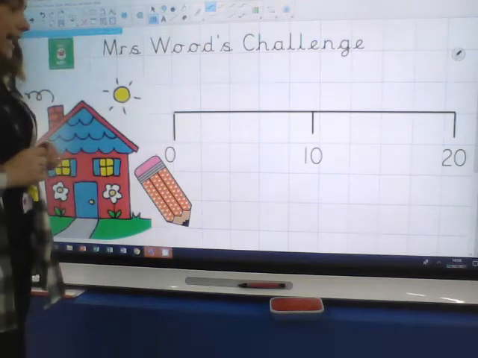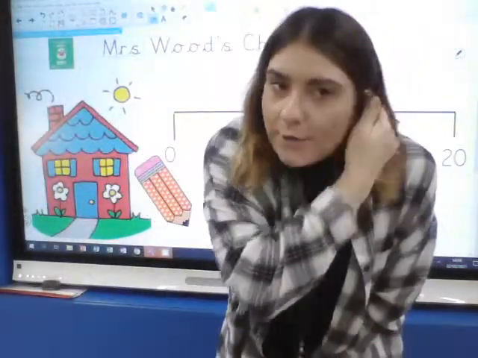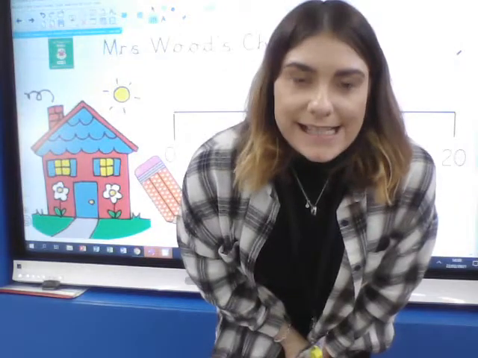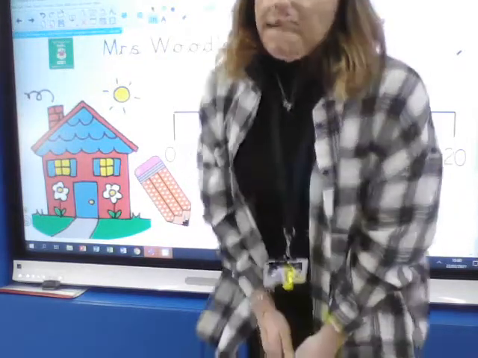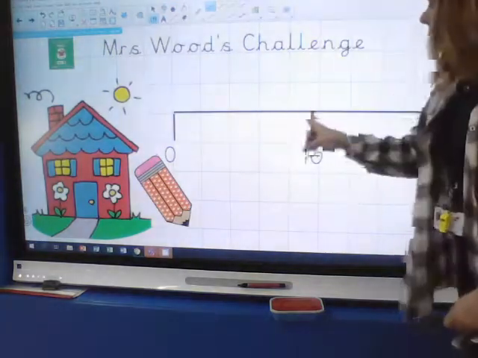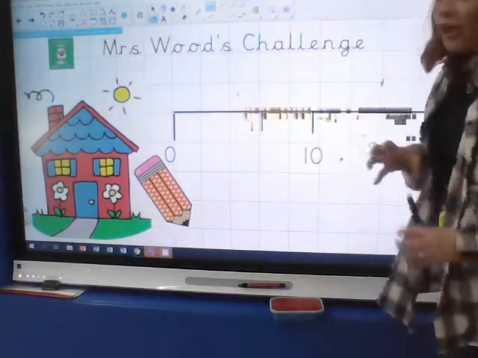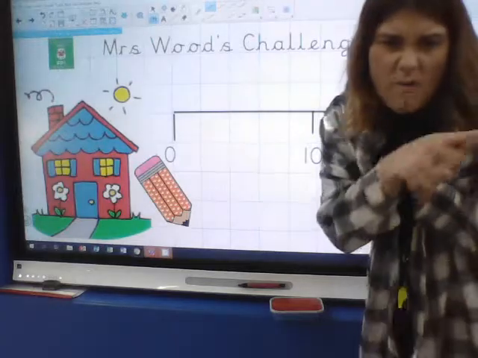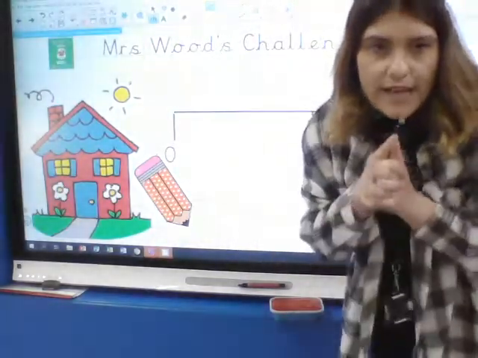And then on your number line, I would like you to put some little circles or little arrows or little spaces, and your grown-up's got to try and estimate what number they think goes in that space. So that's my challenge for today. Drawing an empty number line and then leaving some spaces or little stars, and your grown-up has got to work out what number they would think would go in those stars.